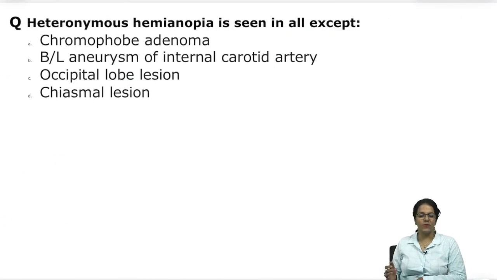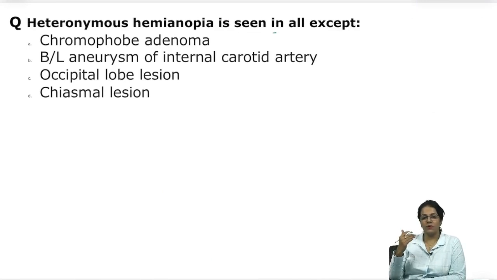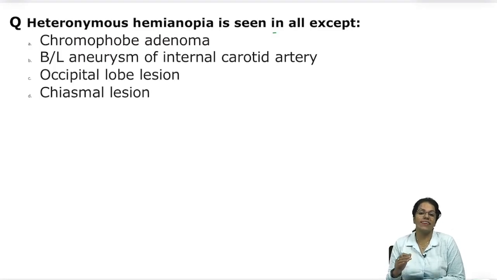Let us solve a few questions here. Heteronymous hemianopia is seen in all except: whenever I taught you, if you have seen your field defects, everything is homonymous. The only field defects which are heteronymous are chiasmal lesions. So, all except: chromophobe adenoma, bilateral aneurysm of internal carotid artery, occipital lobe lesion, chiasmal lesion. Of course, this will affect the chiasma, this will affect the chiasma, this is affecting.